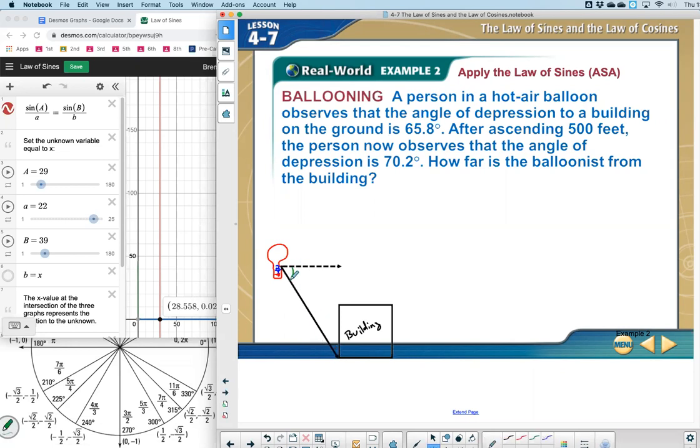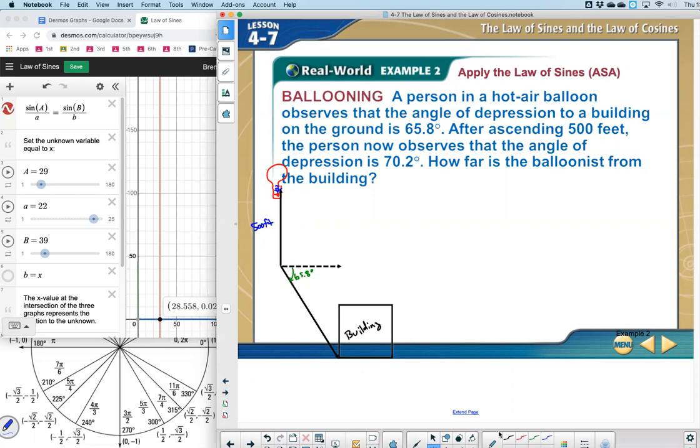So that's like right there going to be our 65.8 degrees. Now it says the balloon ascends. Ascend means it goes up in the air. So it all moves up 500 feet, just like that. And so they just ascended 500 feet to this point there. So I'll add in there 500 feet.